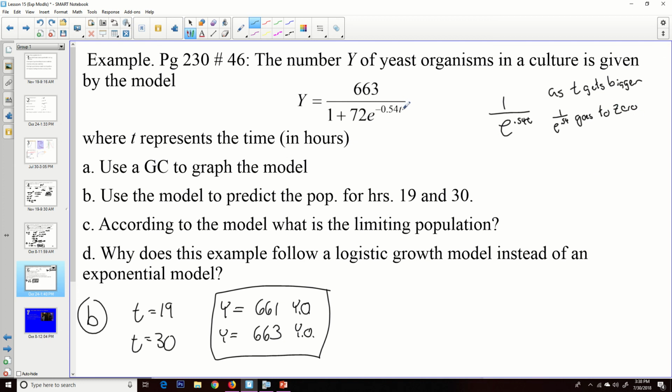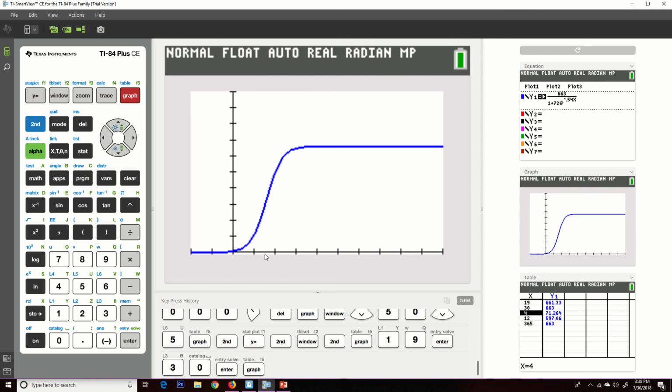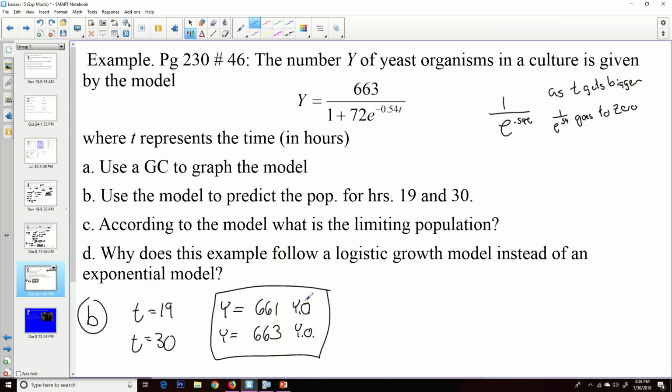So the bigger the t is, so again, looking at the graph, the further I go this way, the bigger my t is. The closer this expression gets to 0, 0 times 72 still gets close to 0, so 0 plus 1 is 1, and then 663 divided by 1 becomes 663. So the bigger t gets, the closer this thing gets to 663.